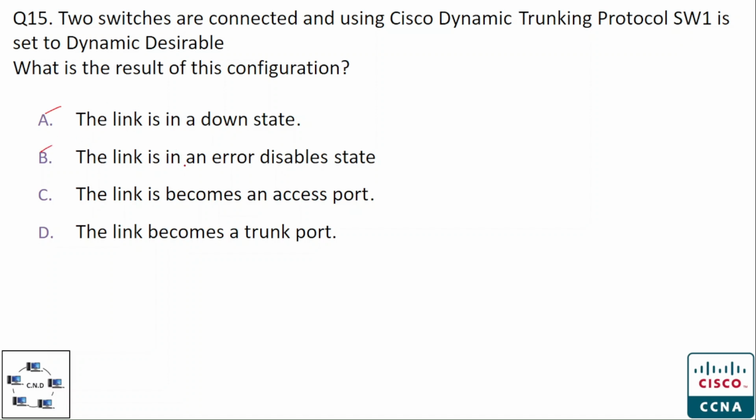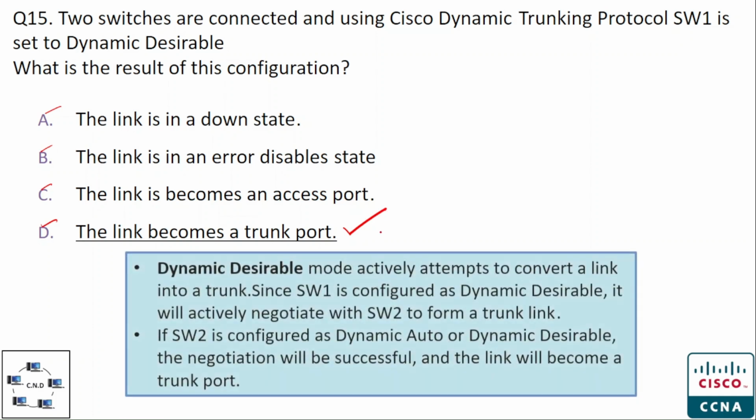Option B, the link is in an error-disabled state. Option C, the link becomes an access port. Option D, the link becomes a trunk port. And the correct option is option D, the link becomes a trunk port.